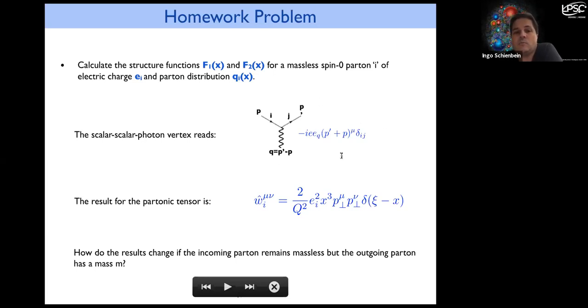And with this Feynman rule, you then can recalculate the hadronic tensor, and you should find a result like this, which then leads to the observation that F2 will be equal to FL and F transverse will be equal 0, in contradiction to the experimental result. So that's why the Callan-Gross relation, FL equals 0, is really some experimental evidence that the partons have to have spin 1/2 and can be identified with the quarks.